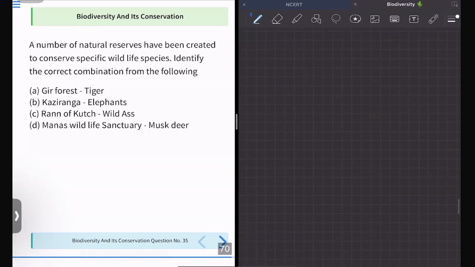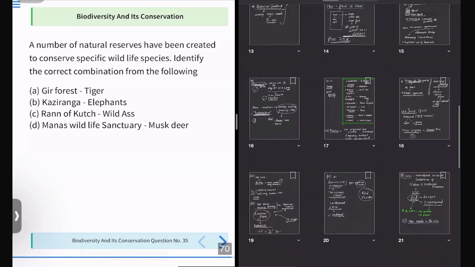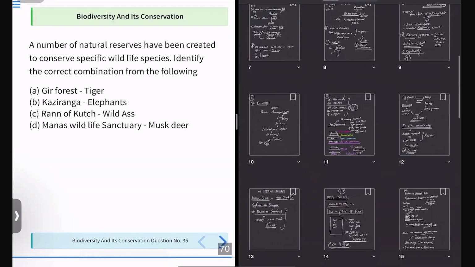But as the session ends, what we do is write down the take home message. The take home message from this session or this topic is that there are a high number of facts. And if there are facts, I want you to make notes out of them. How to make ideal notes for such factual things was discussed in the previous video.